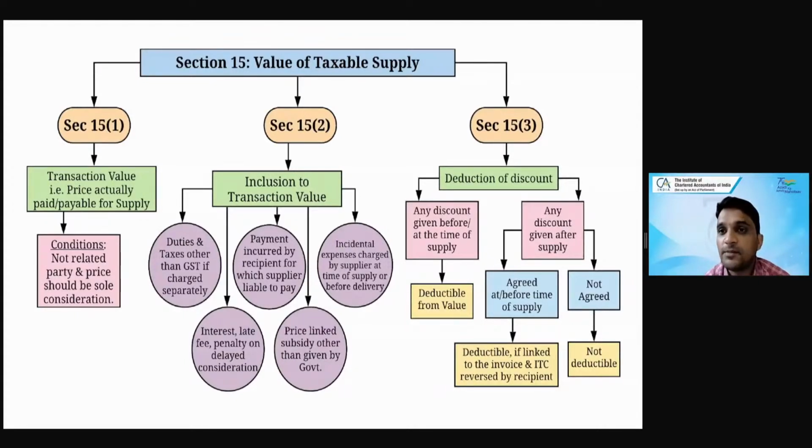Now, after you supply, if he says 80,000 rupees, then what will you do? Your value is 1 lakh itself. Now, the customer is not paying you. That is your relationship with the customer, right? Similarly, reimbursement of expenses and things like that. When the customer is in agreement, only then you will charge. If he's not in agreement, you will not charge it, right? Similarly, that way.